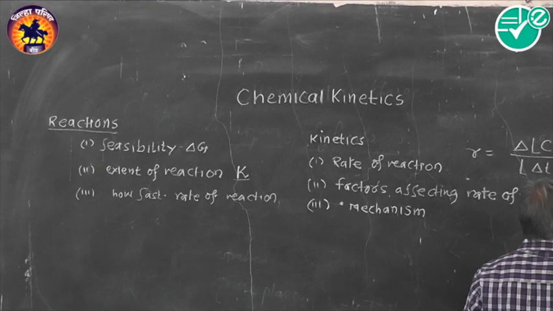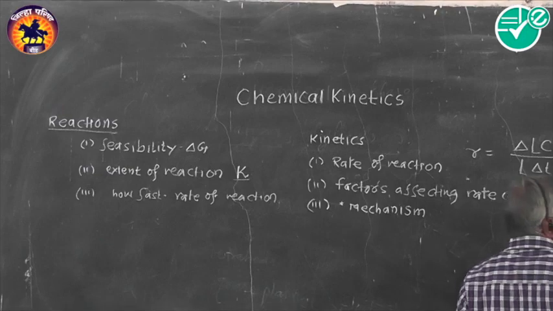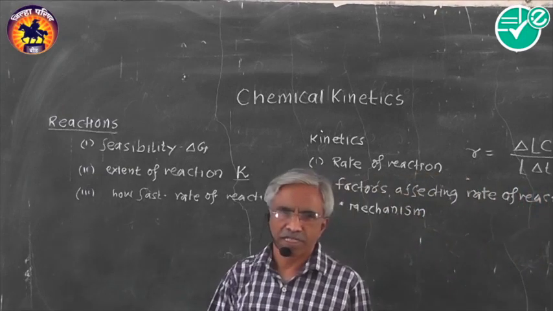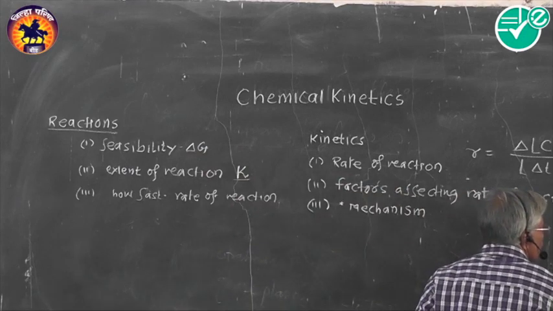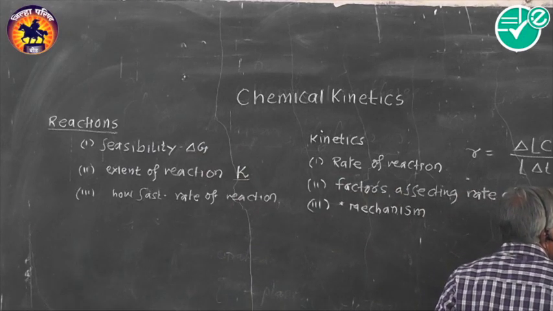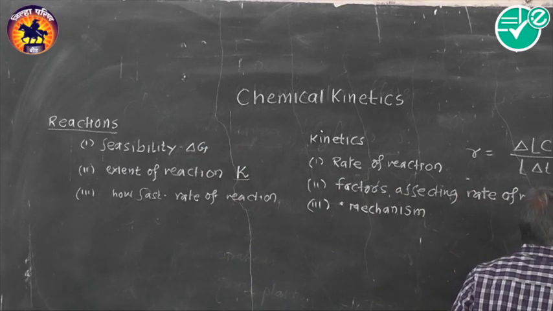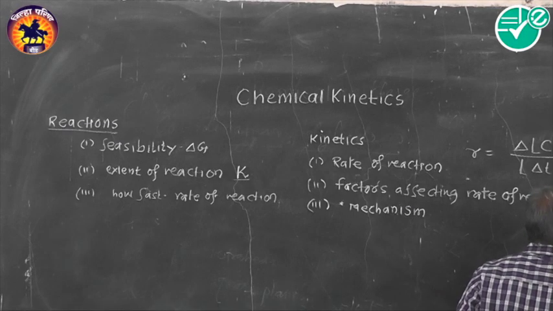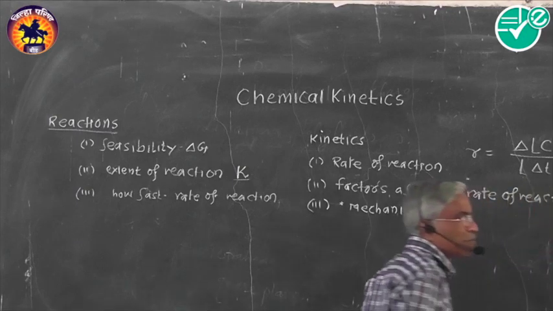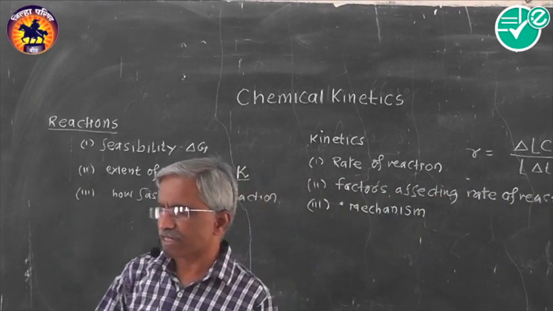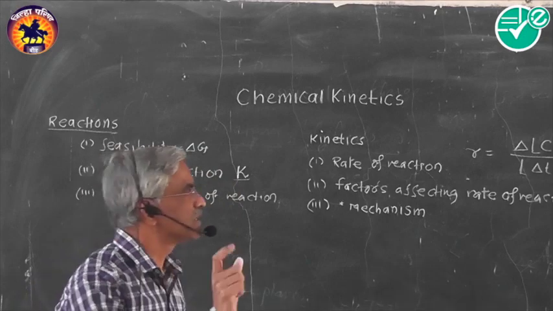Now, intensity of color can also be studied by different instruments. Even as in electrochemistry we know, we can measure the conductivity of electrolytes. That means there are a number of different ways by which concentration can be measured.